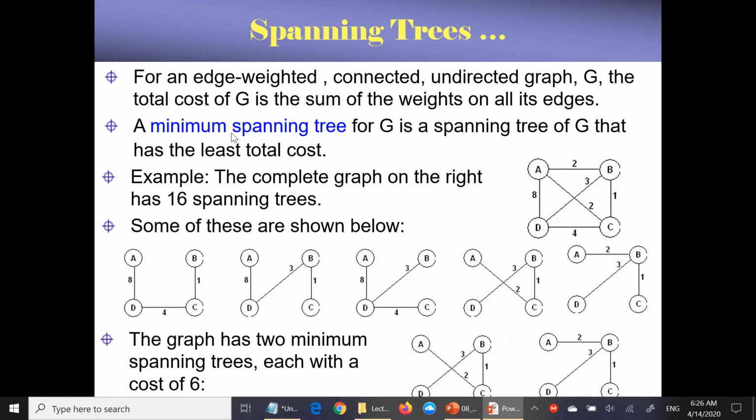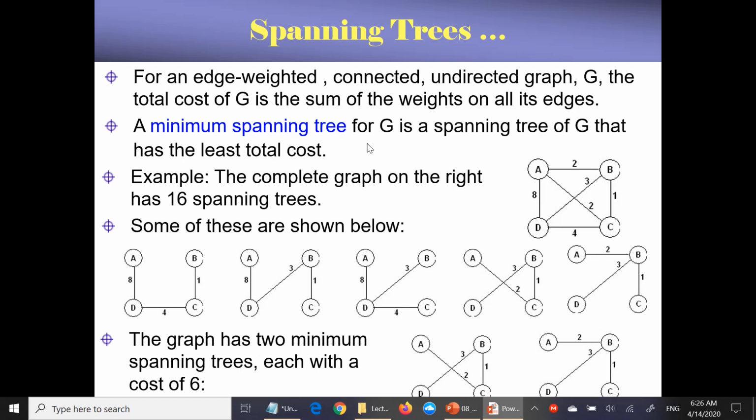So even the minimum doesn't have to be unique. I hope you can notice from this example. The cost of this graph is simply 3 plus 2 plus 1, which is 6. Similarly here. Okay, so that is what we are interested in finding in the rest of this lecture. Can we have an algorithm that will tell us the minimum spanning tree for a given graph?